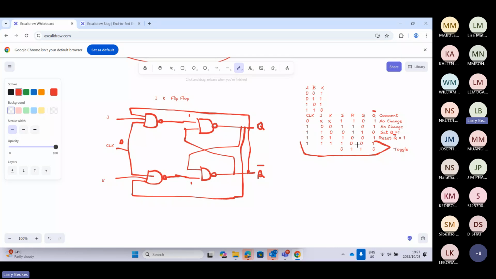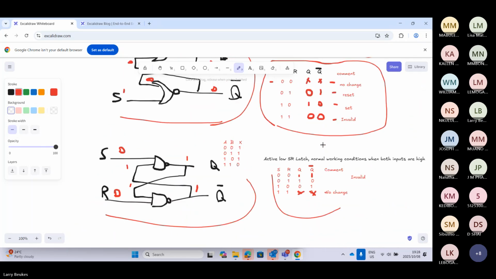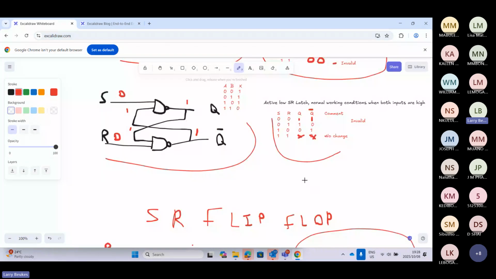The only difference here is this one. When J and K was 1, 1, we had two possibilities. Now we have a 1 and a 0, and a 0 and a 1. And the output of a 1 and a 0, we know from this, gives us a 0 1, right? And then we know 0 and a 1 gives us a 1 0, right?